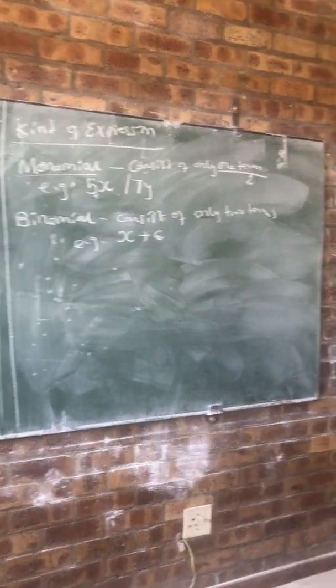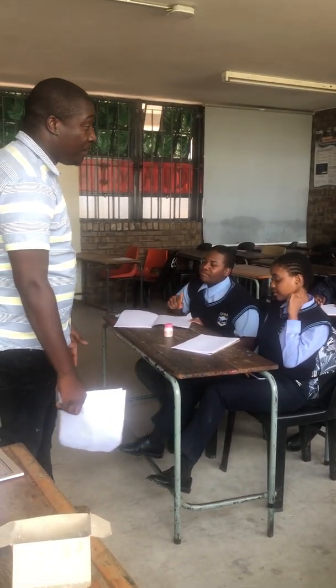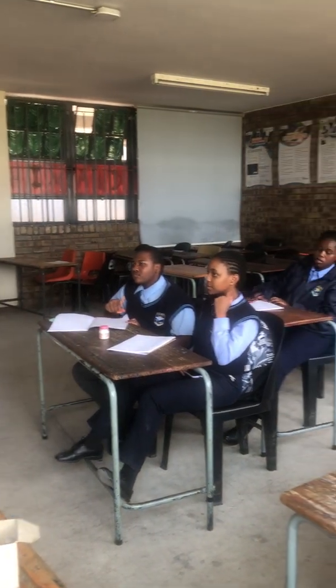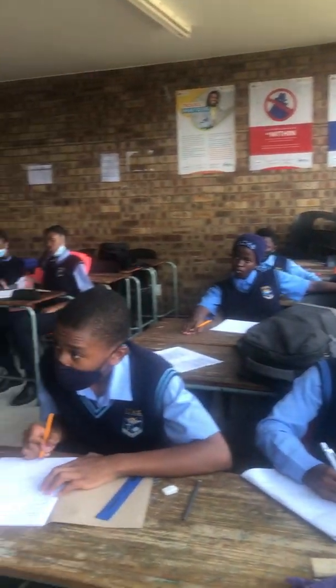How do you see that there are two terms? Because of the addition sign. If there's an addition or subtraction sign between the terms, you can say it is 1 or 2.